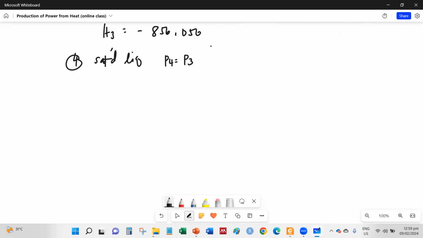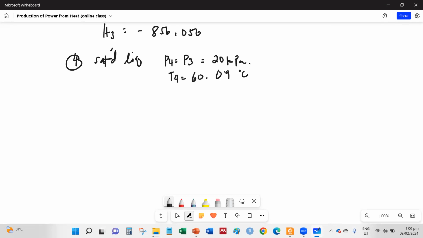You know P3, and it's just a straight horizontal line, so it's an isobar, 20 kilopascals. We know the entry point to the pump inlet is at 20 kilopascals. Since it's saturated liquid, automatically from the steam table we would know that T4 is 60.09 degrees Celsius.